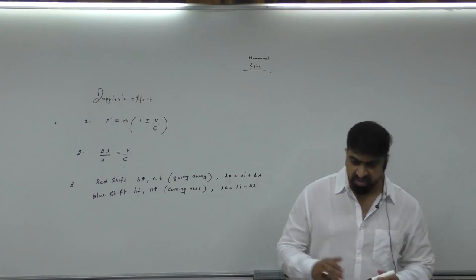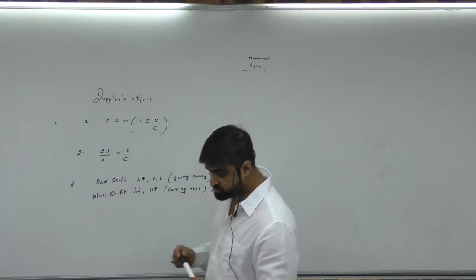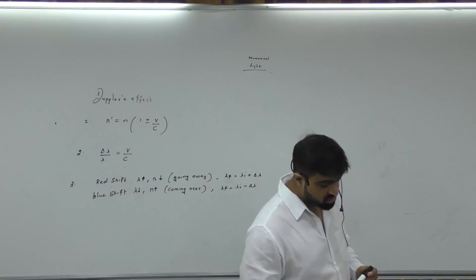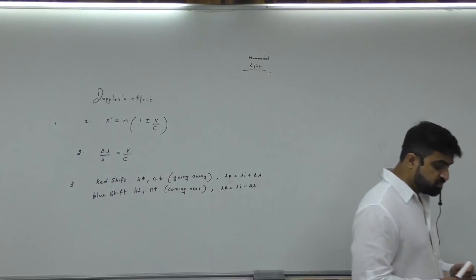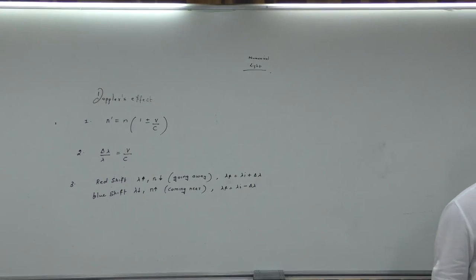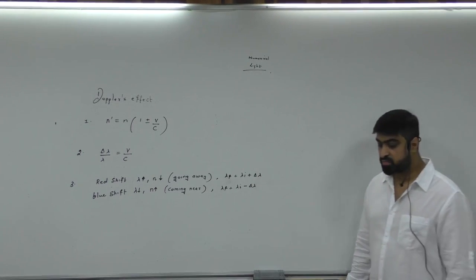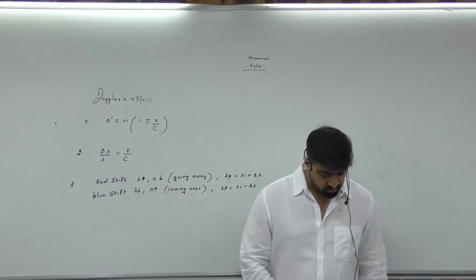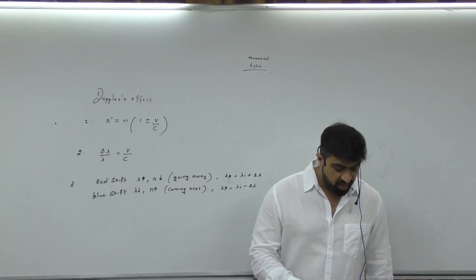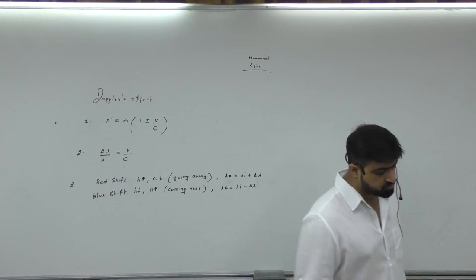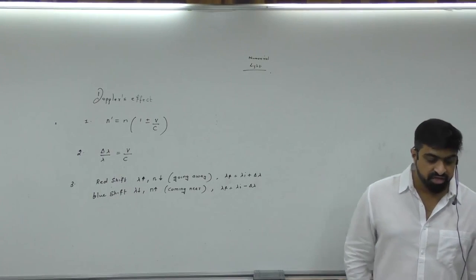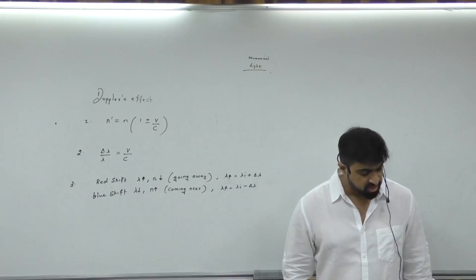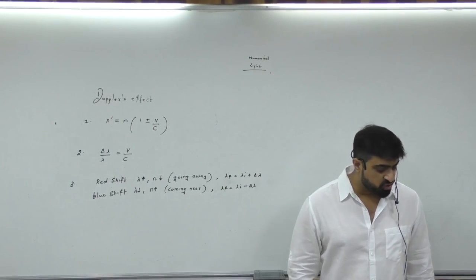A star moves away with a speed of 0.8 c, while emitting a frequency of 6 into 10 raised to 14 hertz.